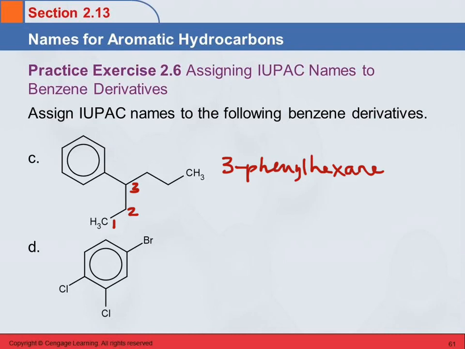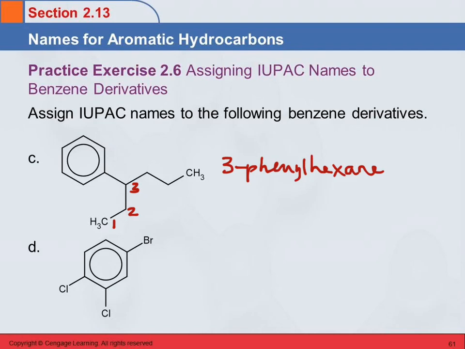How about letter D? Well, it doesn't have a special name, right? It's not styrene or toluene. It's not xylene. So we've got 3 substituents, and we want them to have the lowest numbers.